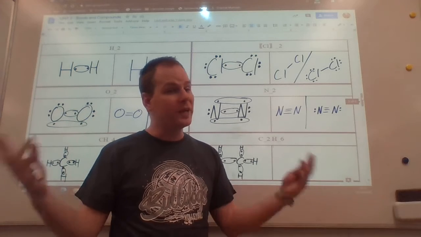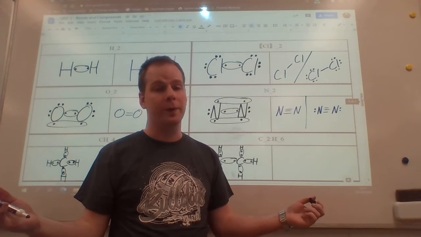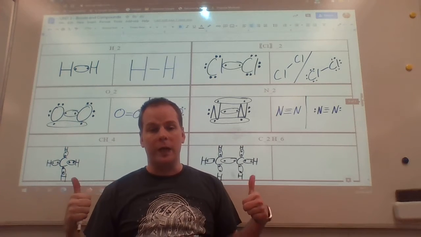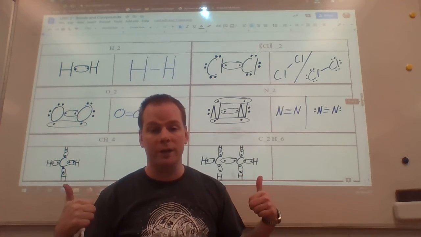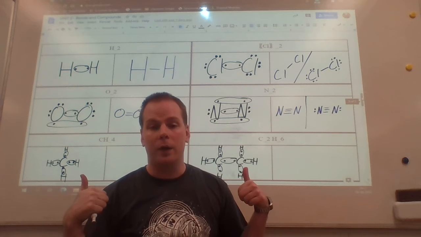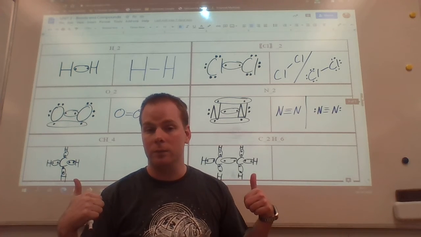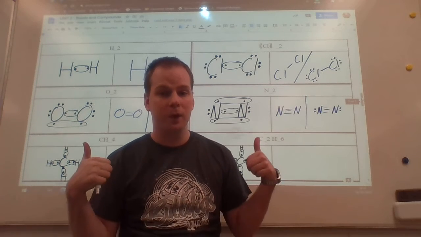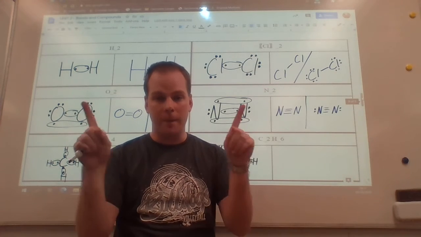Other than that, that's the main difference between structural formulas and molecular Lewis structures. They're very simple. So do these real quick. I will give you a second to pause, and then I'll put the answers up. After that, it's just to finish worksheet 4. But that's it. So pause it for a second.